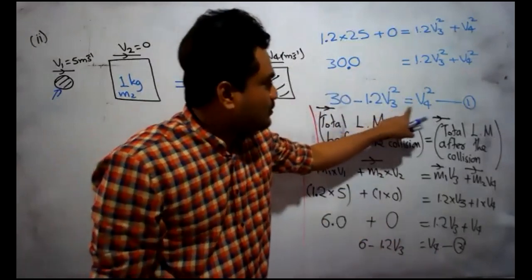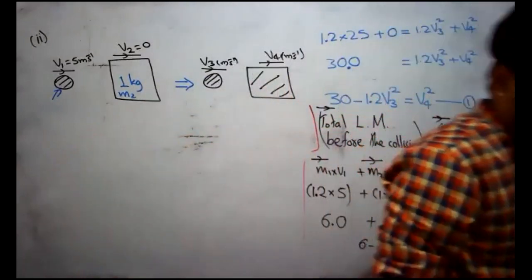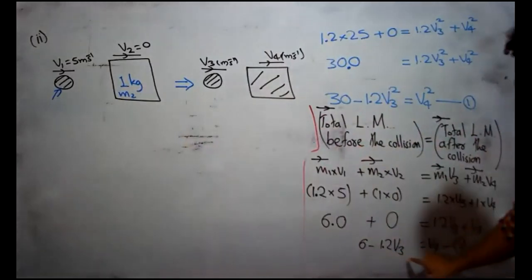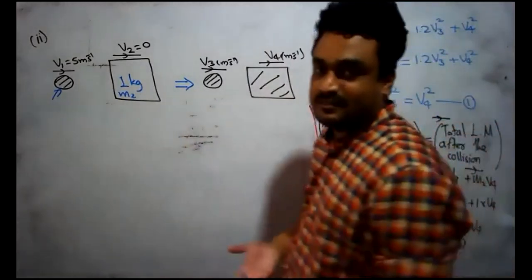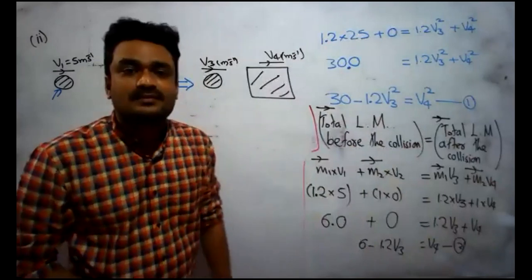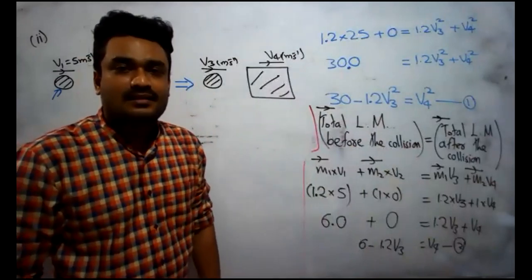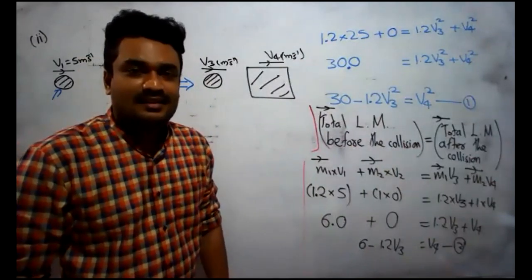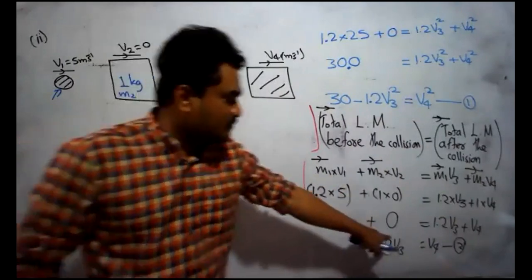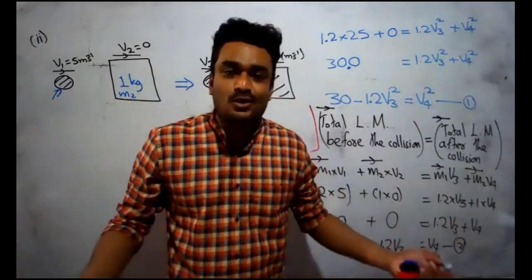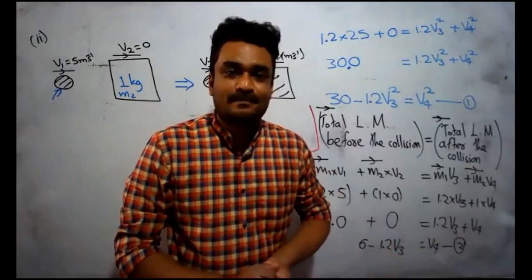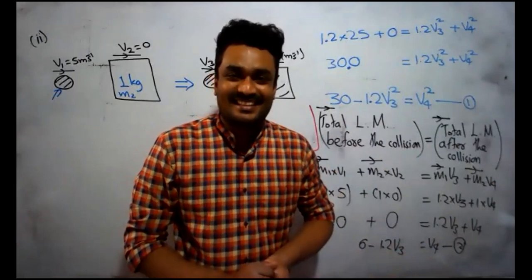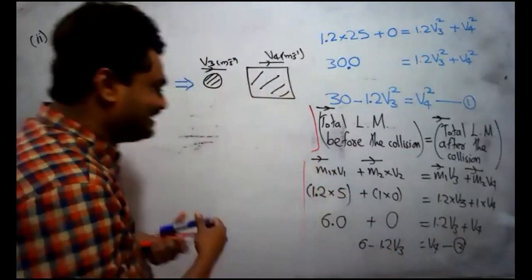Here we have v3 square and v4 square. So what should I do to make v3 and v4 into square terms, dear? What's the method that we should use? Powers. Yeah, we want the second power of v3, second power of v4. So what should we do? You have forgotten O-level maths, ne?